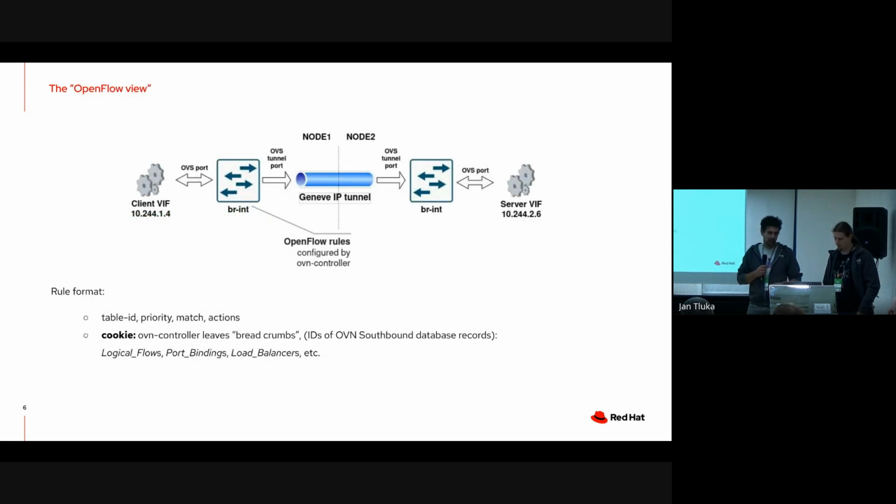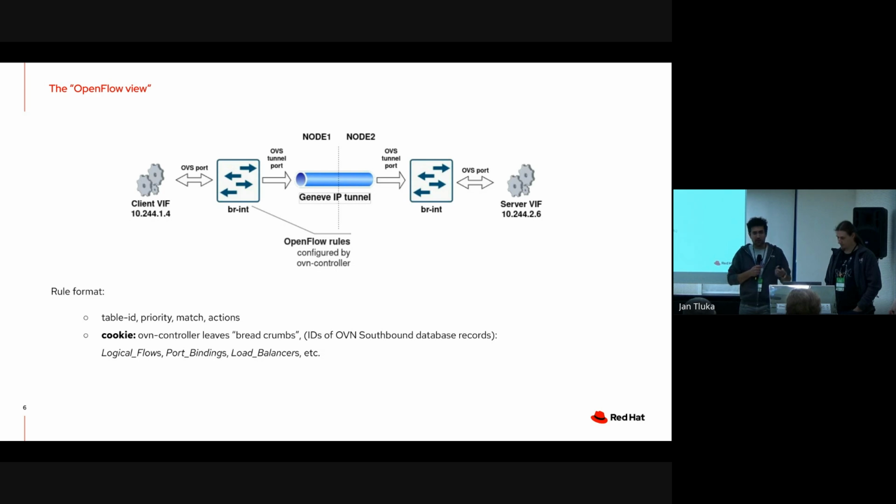Before we try to explain and debug further, let's have a look at the OpenFlow view. This is just above the data path. It's essentially the same picture. We have two nodes, two OVS bridges on each node, and our client and server VIFs connected through OVS ports to the bridges.